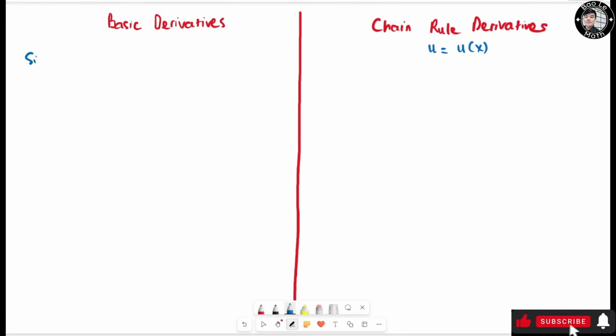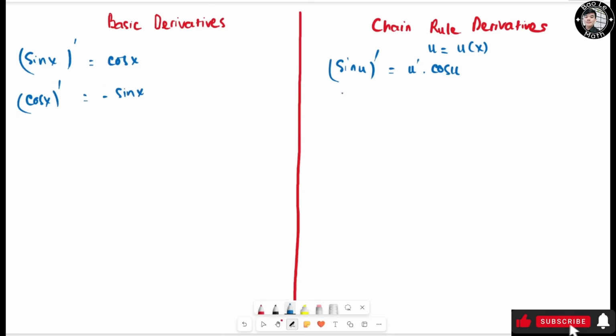You have the derivative of sine s is going to be cosine s, right? The derivative of sine u is going to be u prime times cosine u. The derivative of cosine s is going to be negative sine s.